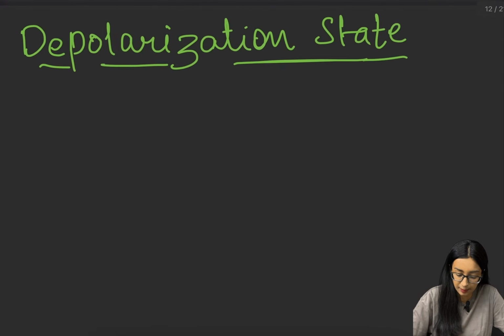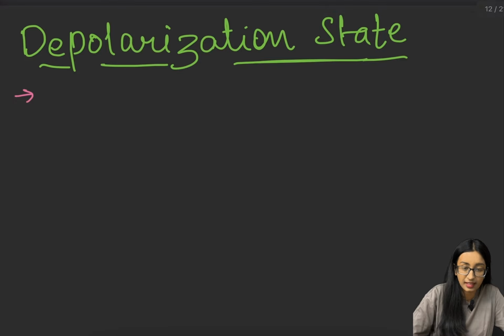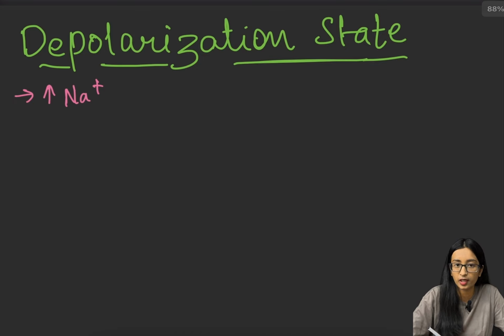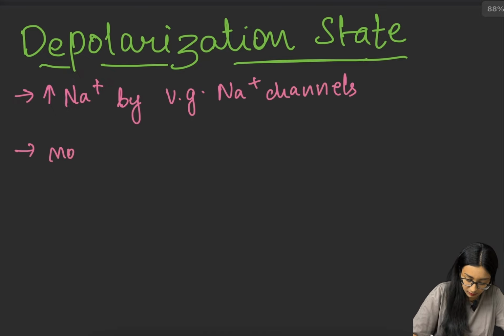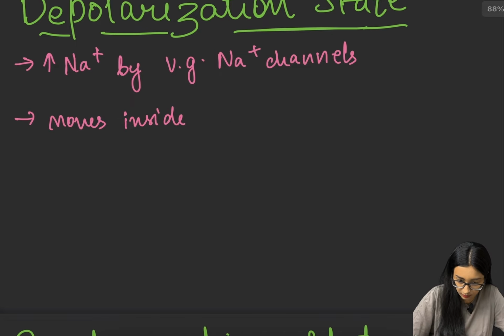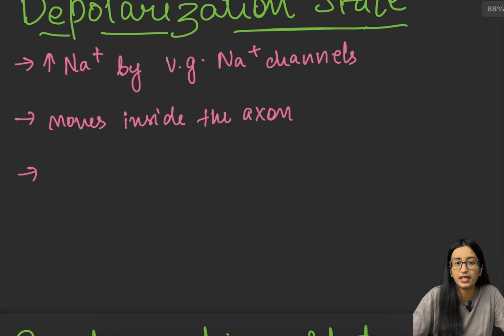The next is the depolarization state. Here there will suddenly be an influx of sodium, that is, an increase of sodium ions into the cell by diffusion, because the sodium channels have opened. These are the voltage gated channels. In larger nerve cells, there will be an increase up to the zero level.